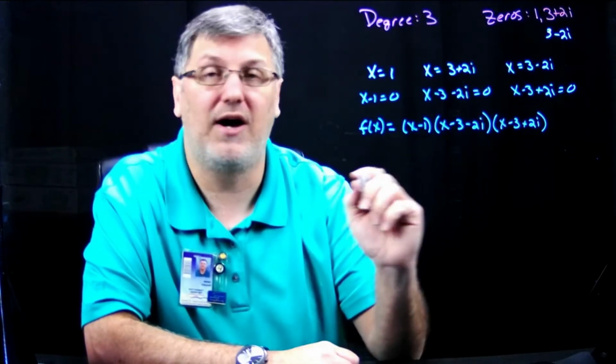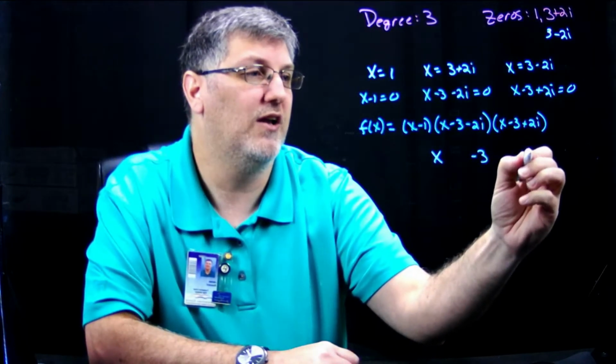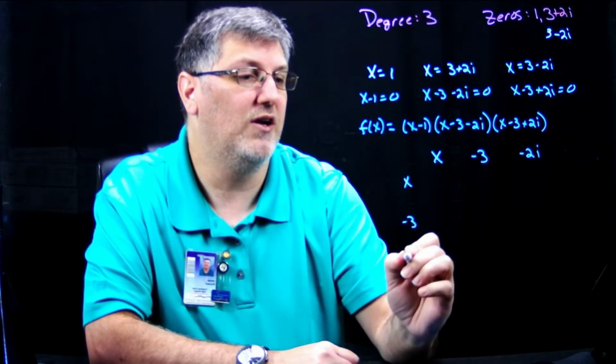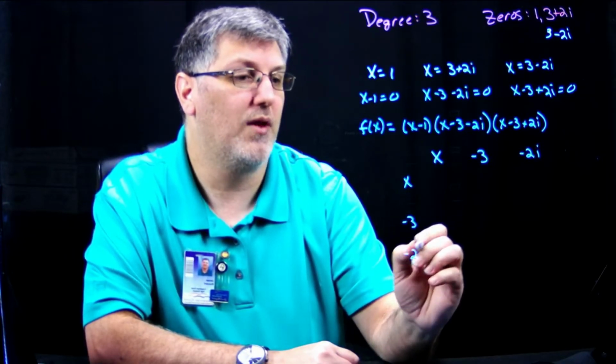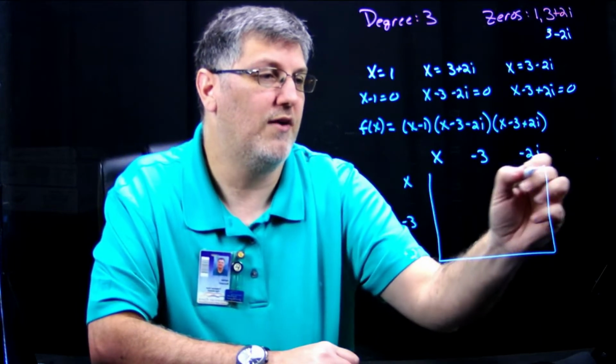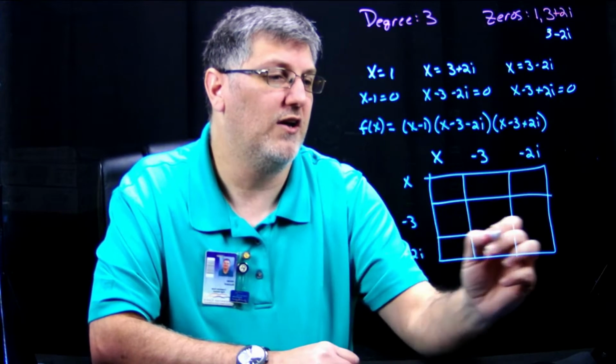So let's do this in a box, because it's going to be a 3 by 3. So we're going to have an x, a negative 3, and a negative 2i. We have an x, a negative 3, and a positive 2i. So now we have our box, a 3 by 3. This will get it nice and organized for us.